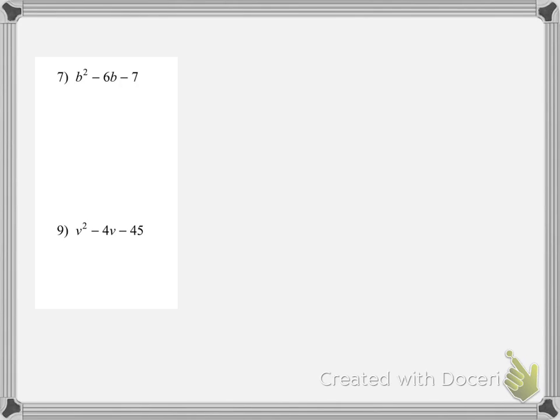The next one we've got here is -7, which is actually going to make it easy for us because there's only one way to make 7, and that is 1 times 7. Because it's -7, we know that it's either going to be a -1 or it's going to be a -7.